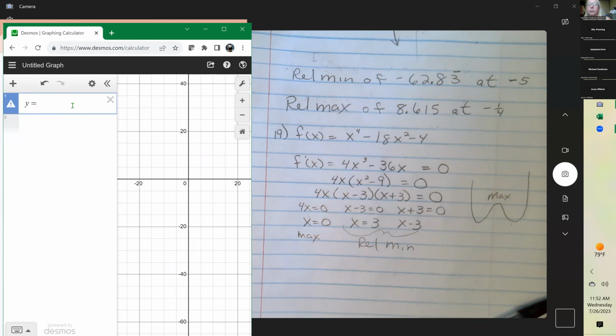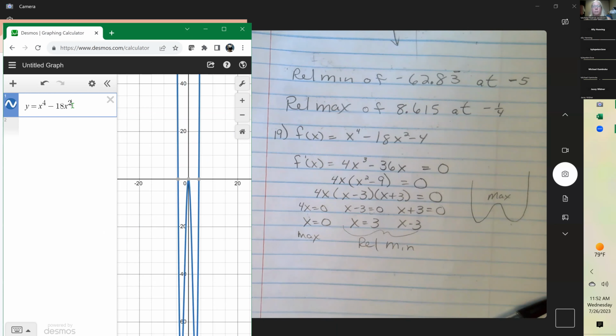Y equals x to the 4th... Whoops, I put 18 minus 4.